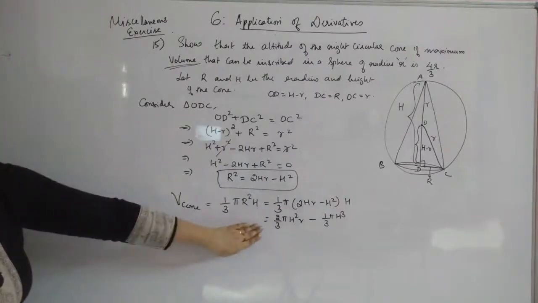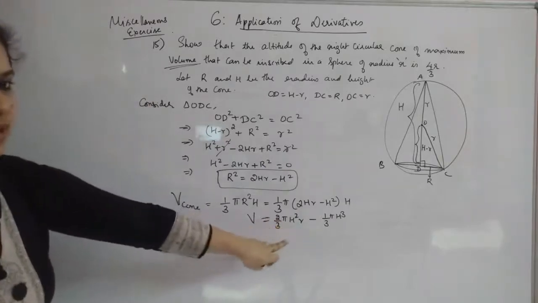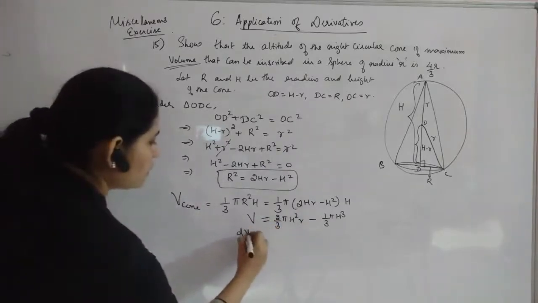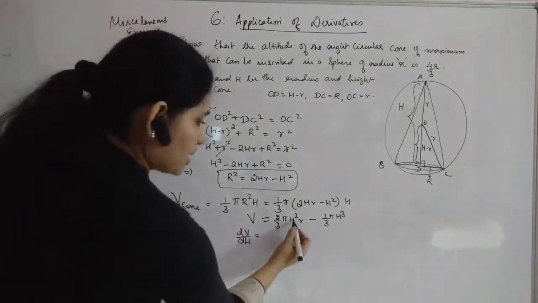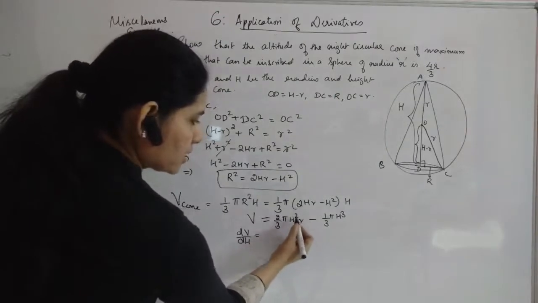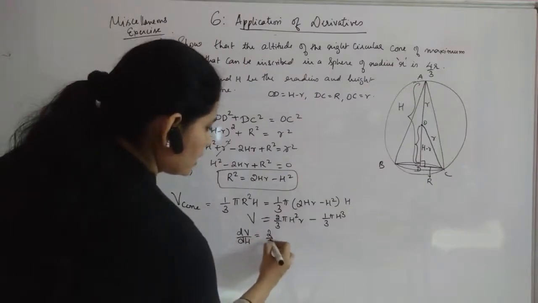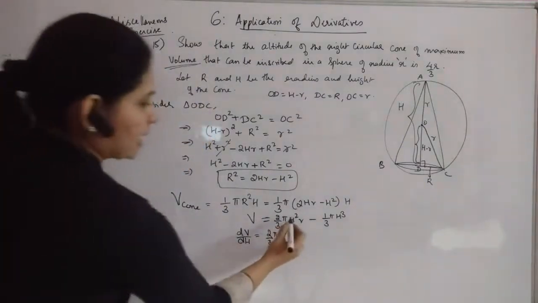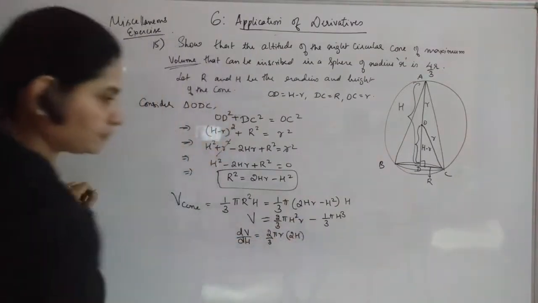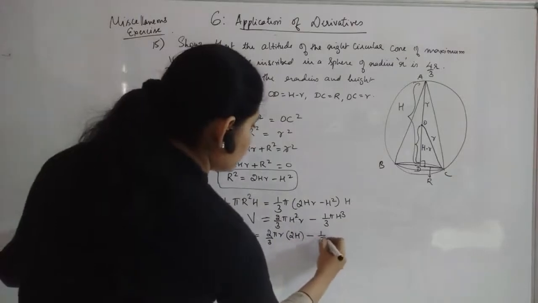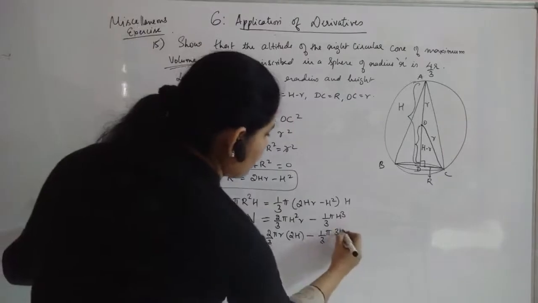So V is this. Now what you need to find out? dV by d, which is the variable here? H. So it is dV by dH. Okay, differentiating with respect to H. So you should know that this r is a constant, you are just differentiating with respect to H. That means all these are acting as constant. 2 by 3 pi r are constants, and H square you have to differentiate with respect to H, so that you will get 2H, minus 1 by 3 pi is a constant, differentiate H cube with respect to H, you will get 3H square.